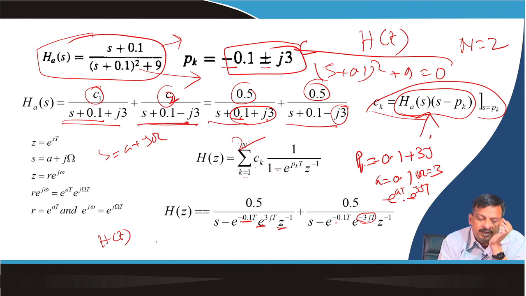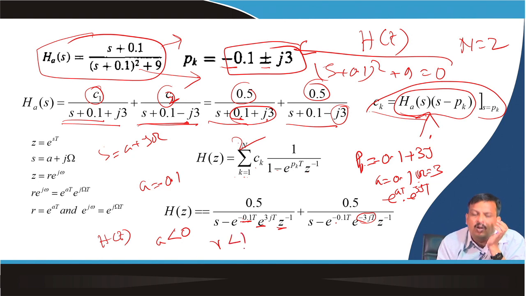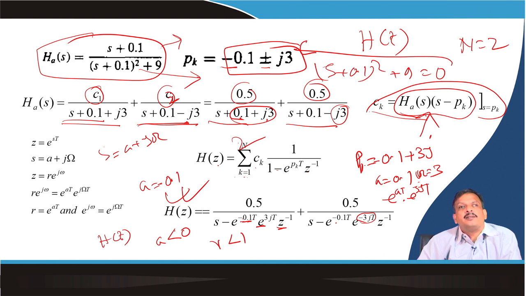Now, if you see, the value of A is less than 0, because A is equal to minus 0.1. So, that is why I can say R is less than 1. So, I can say H(z) is within the unit circle. Okay. So, I have designed H(z).